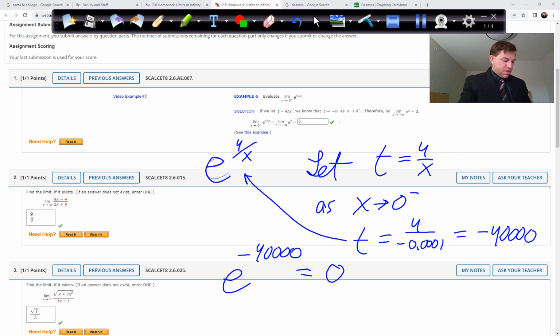But if you pick a bigger x value, like 0.1, you'll get negative 40, and e to the negative 40 is a tiny, tiny number. So basically they're just saying that this function is going to approach 0, as we saw in the picture in the Desmos. So you can either think about it algebraically like I've written here, or you can look at the graph and you'll get the same result.